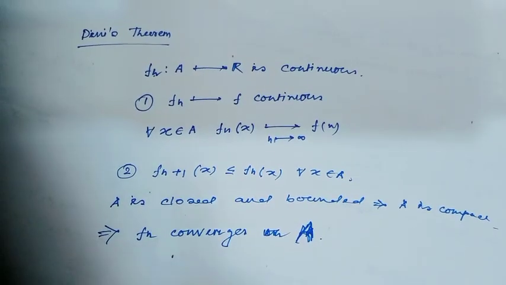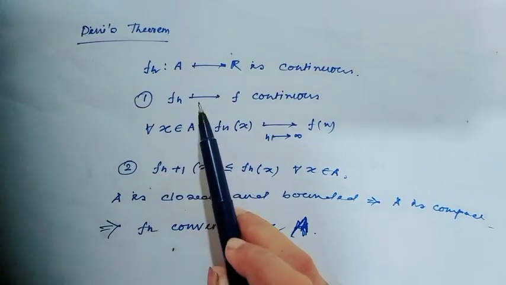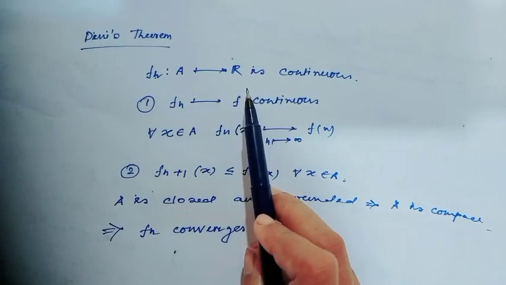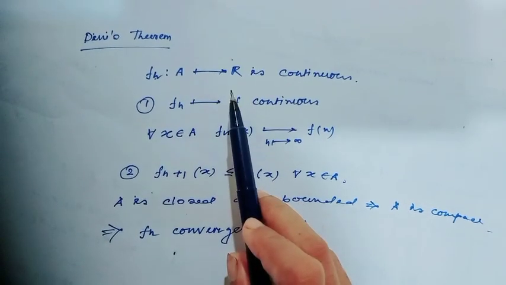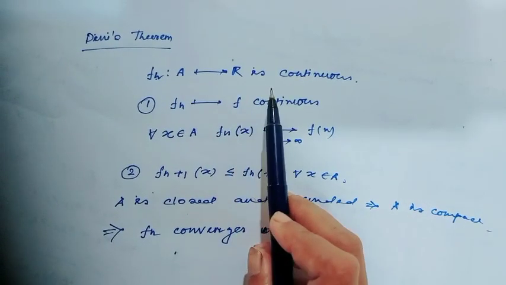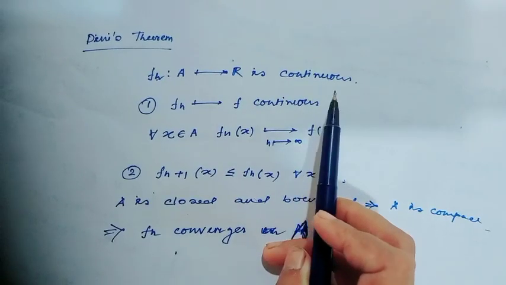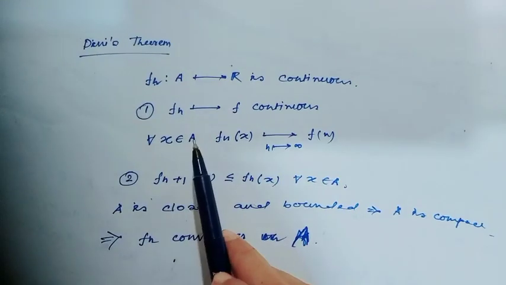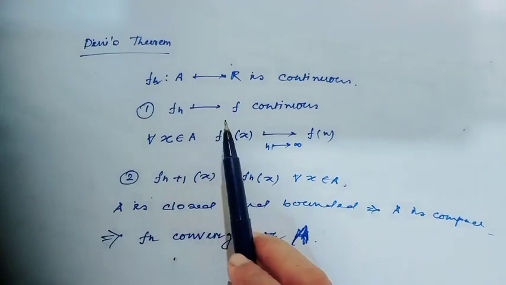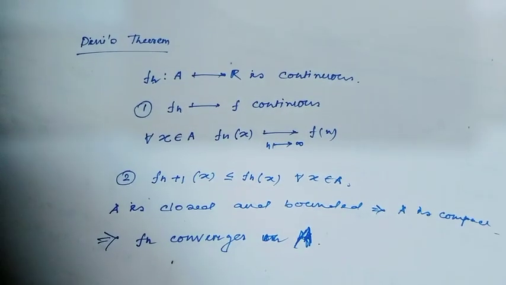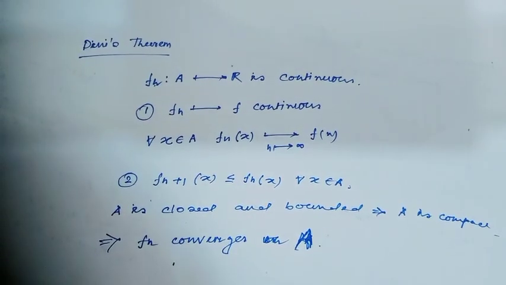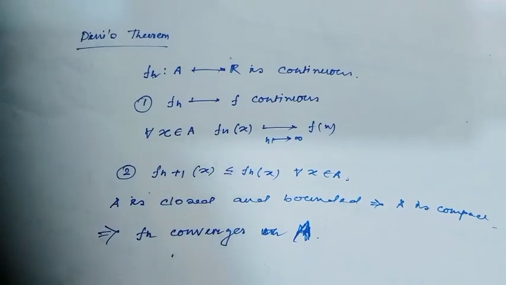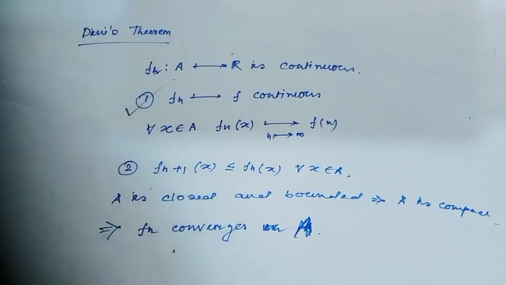Here the theorem is Dini's theorem, and the concept is: consider a sequence of functions defined from the set A to R which is a continuous sequence of functions. First, Fn converges to F pointwise, and F(x) would be continuous for all x belonging to A. This is the first condition.